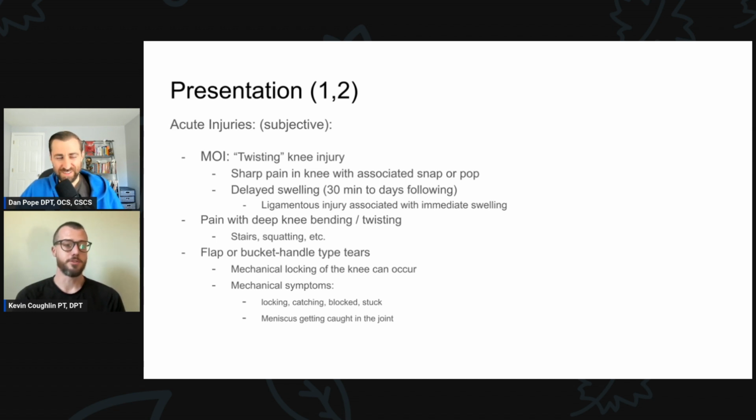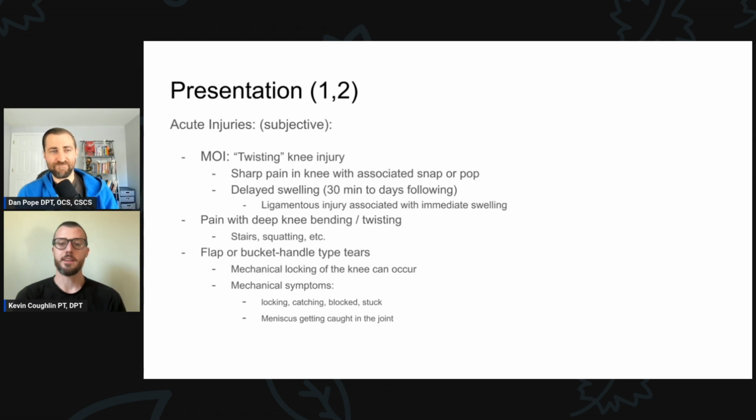I think there was a lot of adrenaline. I went home and I don't remember anything terrible. My knee might have been a little sore, but waking up the next morning, my knee was ballooned up and I could barely get out of bed. It was pretty wild. So I tend to remember that with the meniscus, there can be this delay, and it could be even the next day. Sometimes it's even a little bit further down the road.